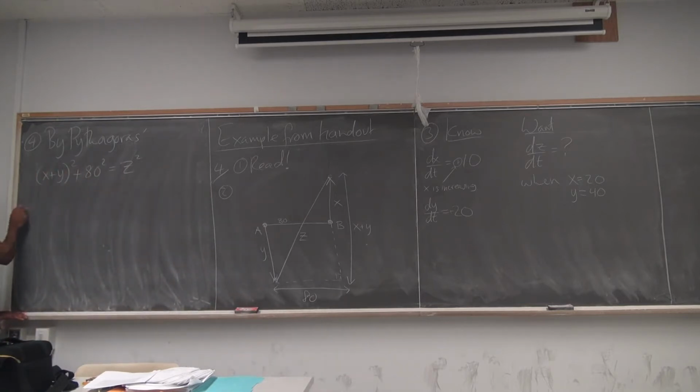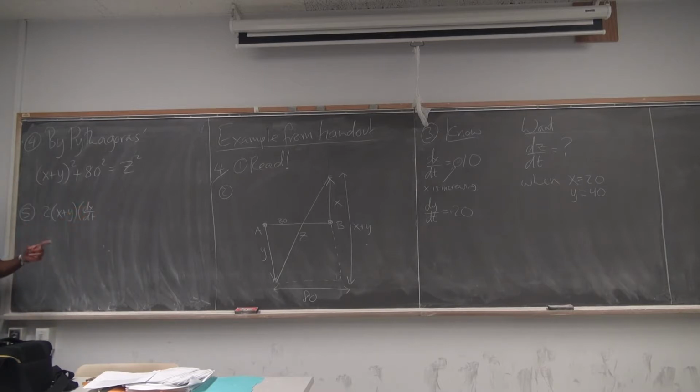So now, you move on to step 5. What is step 5? Differentiate with respect to t. What's the derivative of this with respect to t? 2 times x plus y, times the derivative of x and y. Derivative of x is dx dt, right?